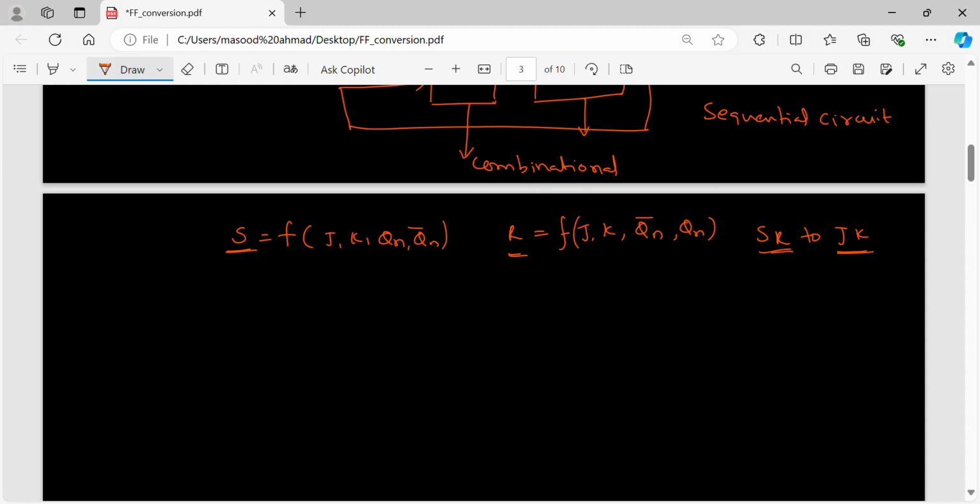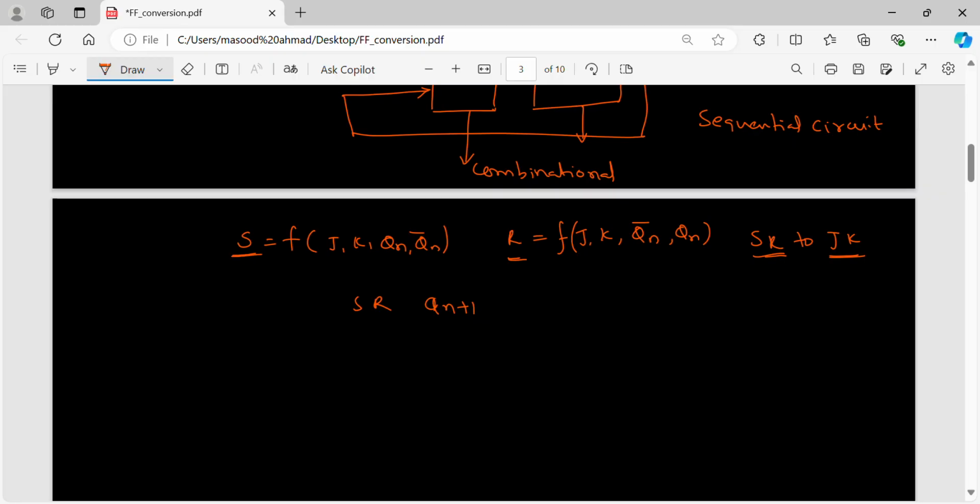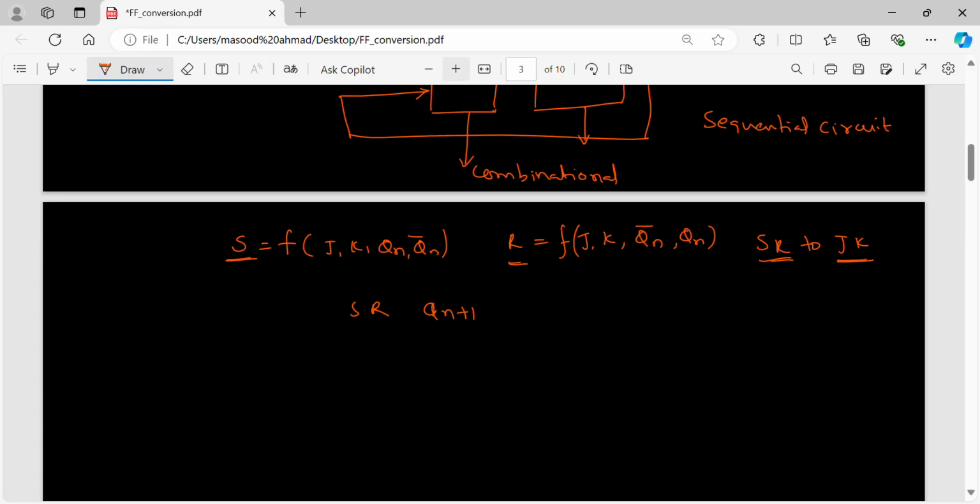If I have flip flop 1, say an SR flip flop, producing an output Qn plus 1, and the same output is produced by, let's say, JK, then for both flip flops the output should be the same.